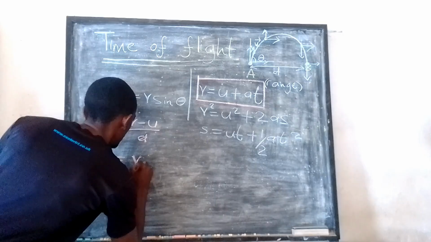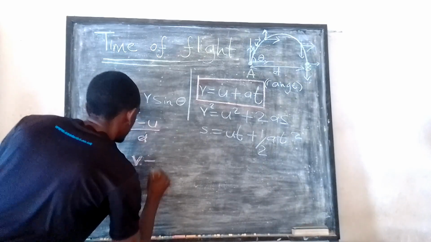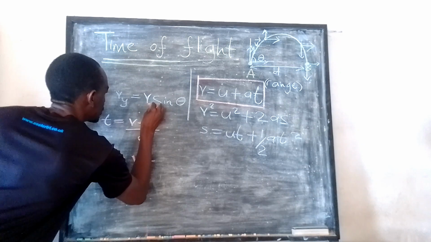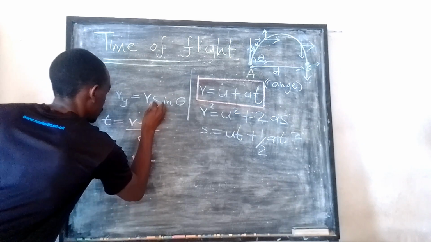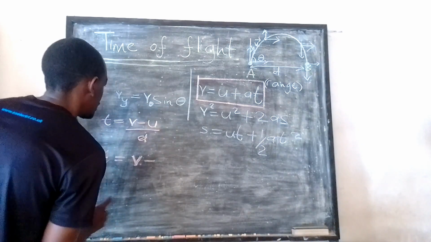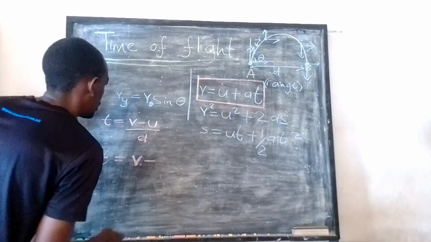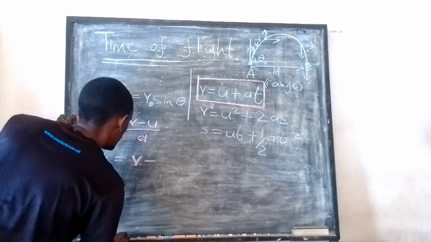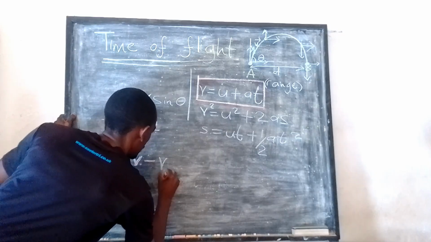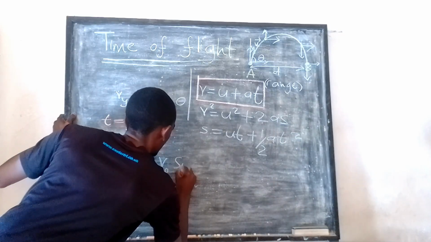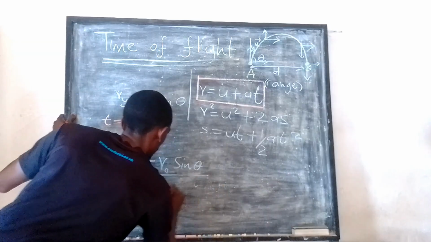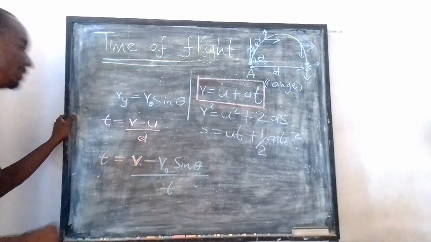So we've got v minus, problem here. Okay, let's change this and call it v naught, so that it doesn't confuse us when we're playing with v, the sine. So this is v minus v naught sine theta all over t.